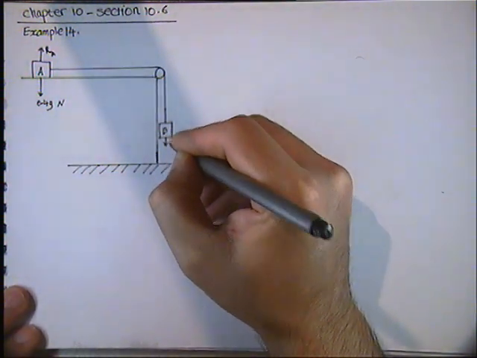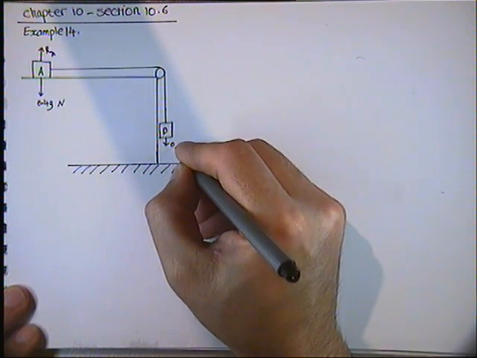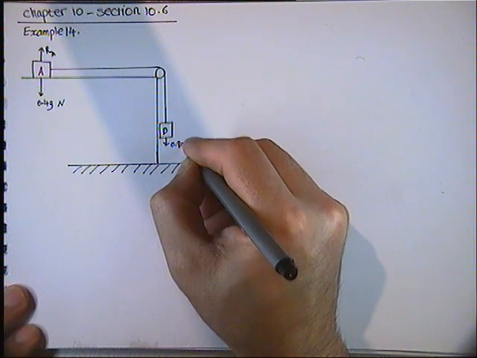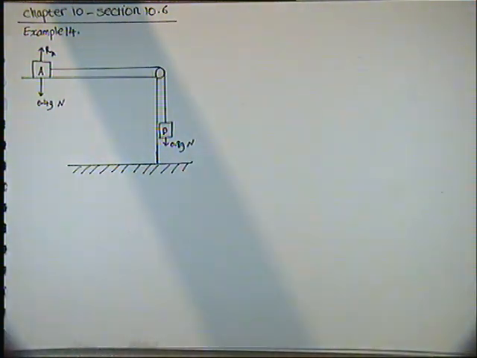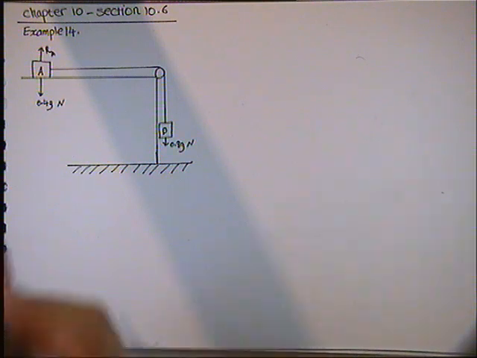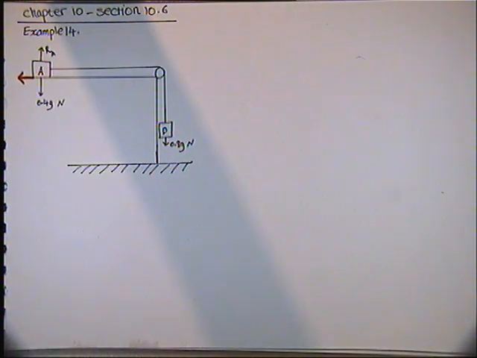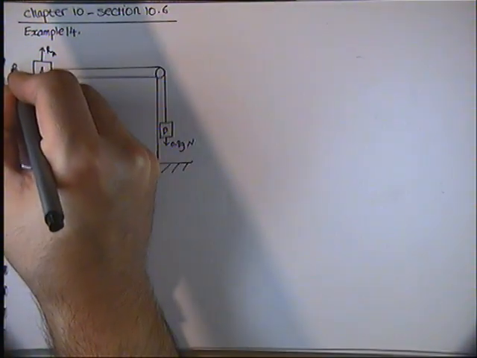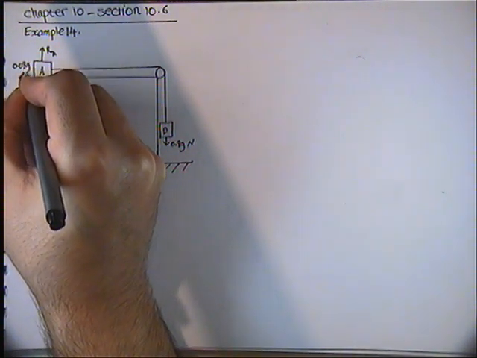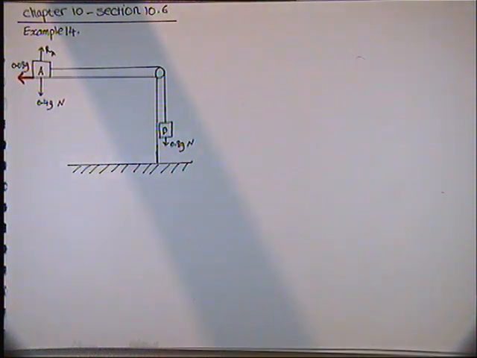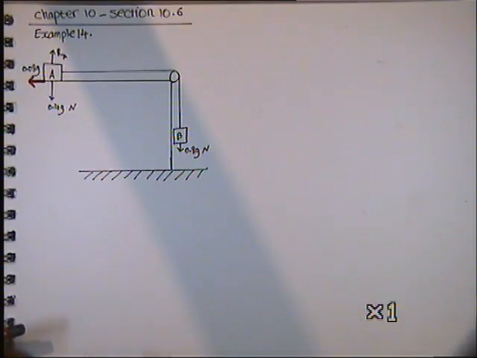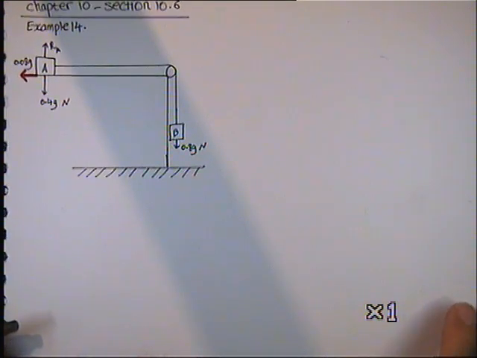So 0.8g Newton downward. What else? 0.08g, which is a frictional force, so it would be this force, 0.08g Newton.